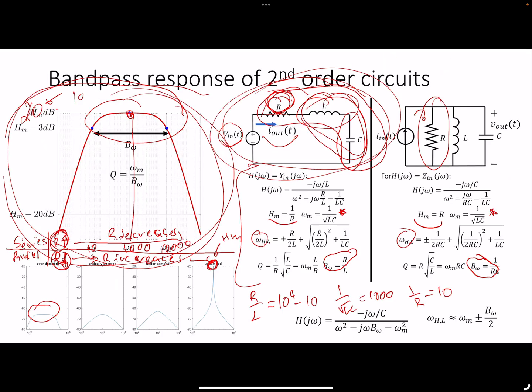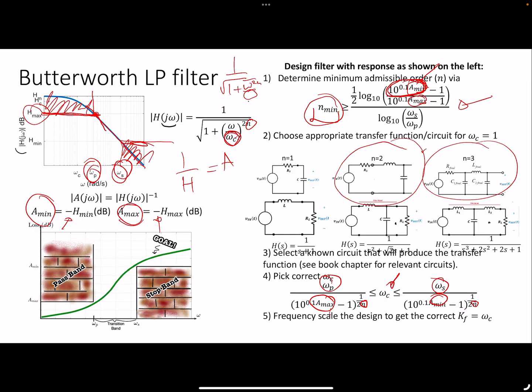So you should know how to, if I give you an A max, A min, or omega S and omega P, you should be able to design a low pass filter, a high pass filter.